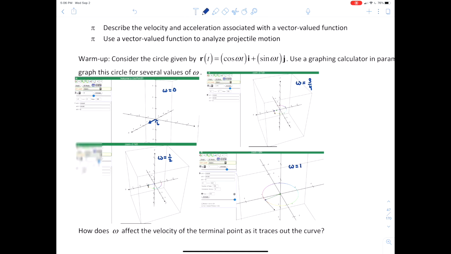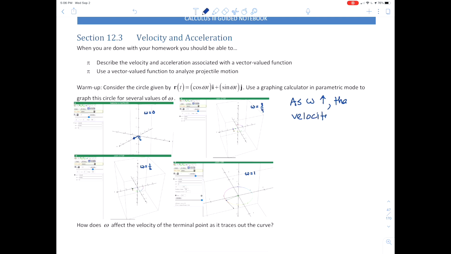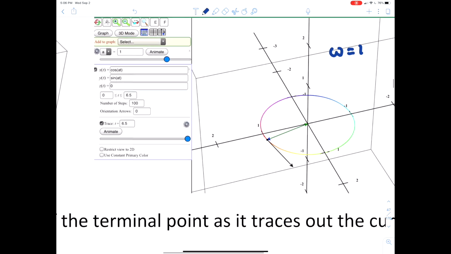Now, what's happening as omega increases? As omega increases, what's going to happen? The velocity of the terminal point increases. So remember, on each of these, we had, can't see it that well, let's go to this one.